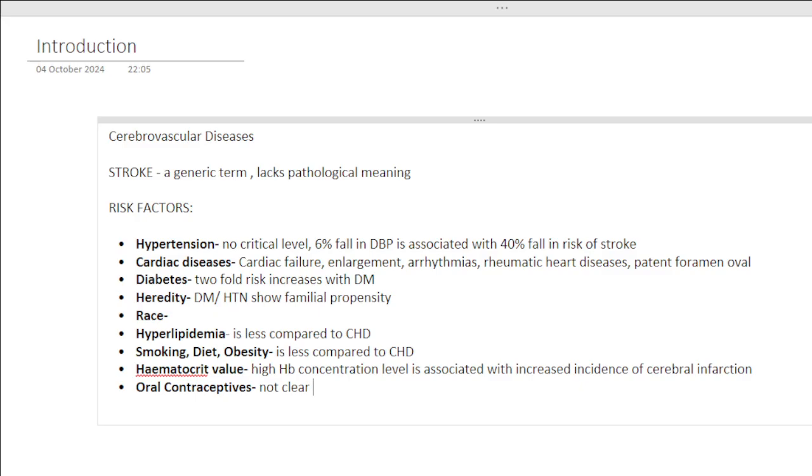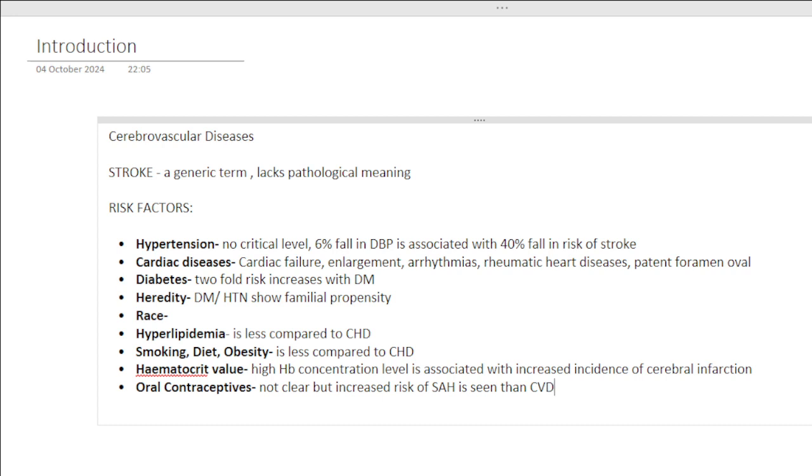It is inconclusive till now, but some studies say there is an increased risk of subarachnoid hemorrhage, which we are going to talk about much later, rather than normal cerebrovascular diseases.